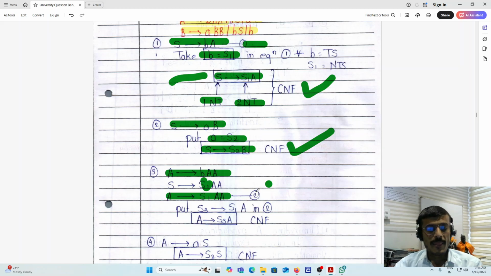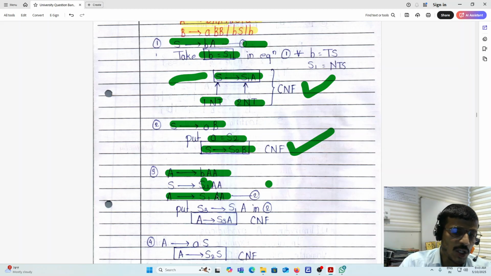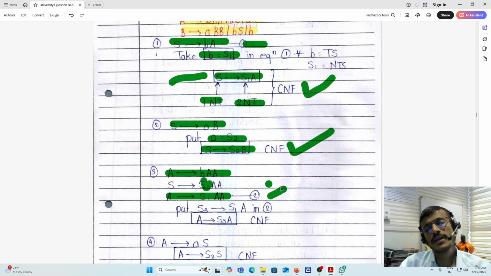But it contains three non-terminal symbols on the right side, which is not as per the definition of Chomsky normal form. So we proceed ahead and substitute S3 tends to S1A. S3 is the new non-terminal symbol we have declared, and by putting that, it gives you S3 and this A. Again it is a Chomsky normal form.